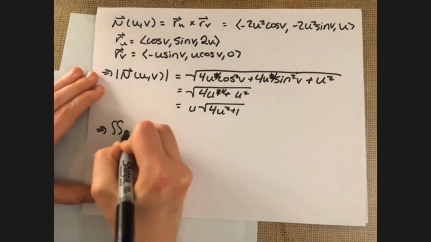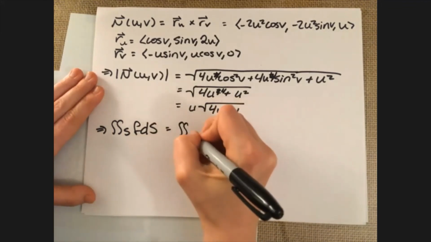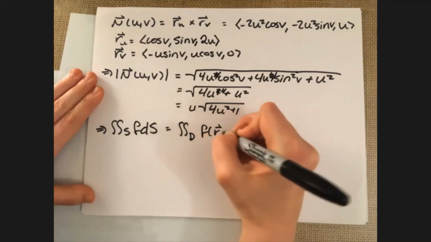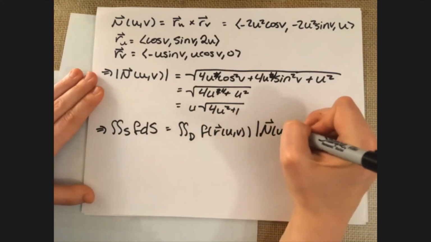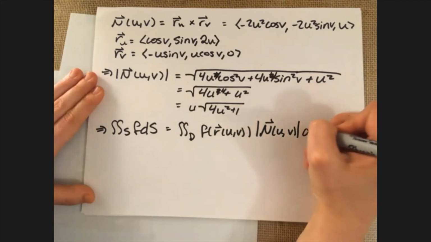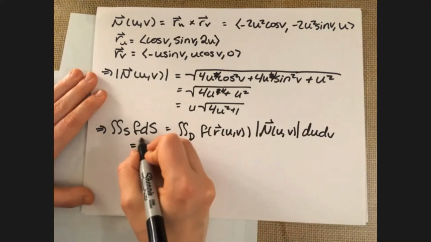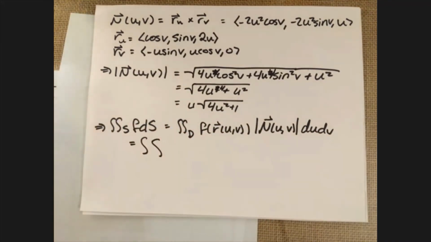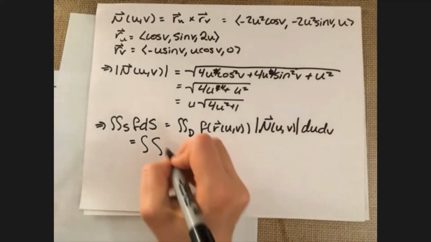So I have my double integral over the surface of f dS, which was equal to the double integral over our domain of f of r of u v times the length of n of u v du dv. So these are our bounds on u and v, which we had said were, let's go back, 0 to 7 for u and 0 to 2 pi for v.